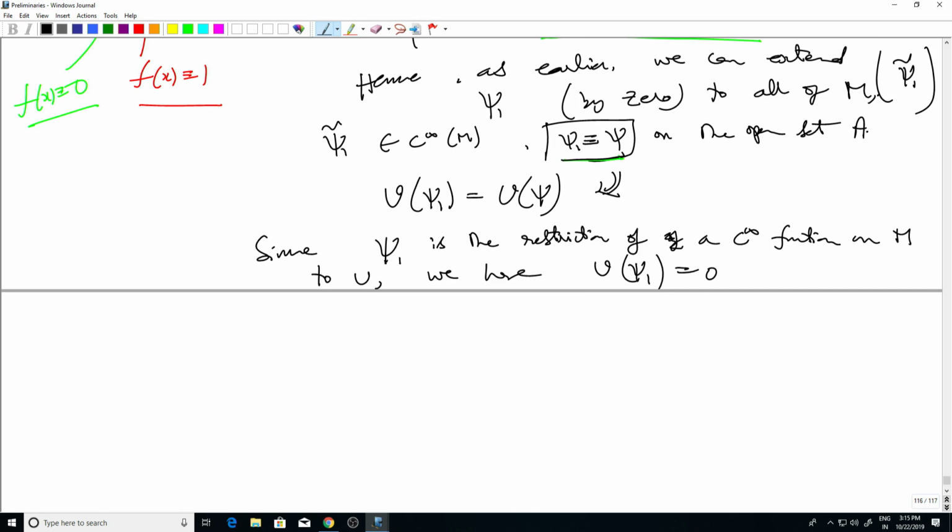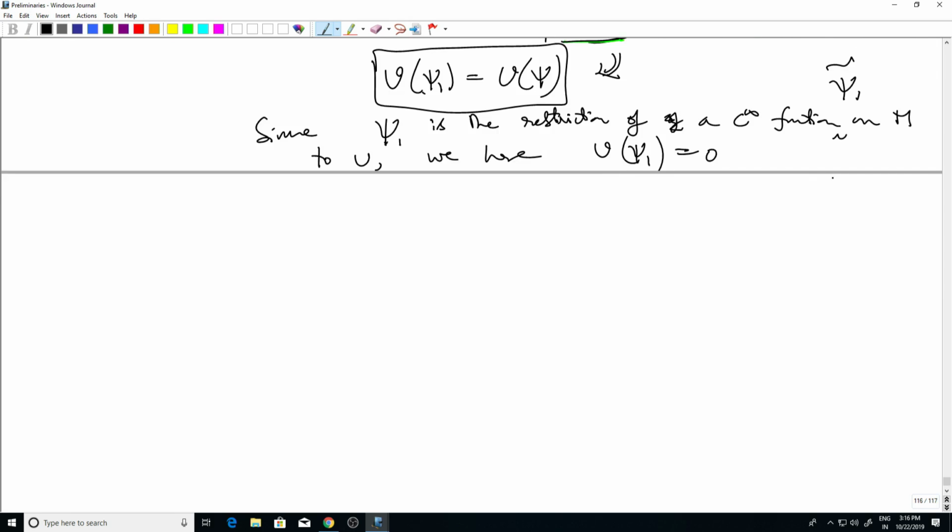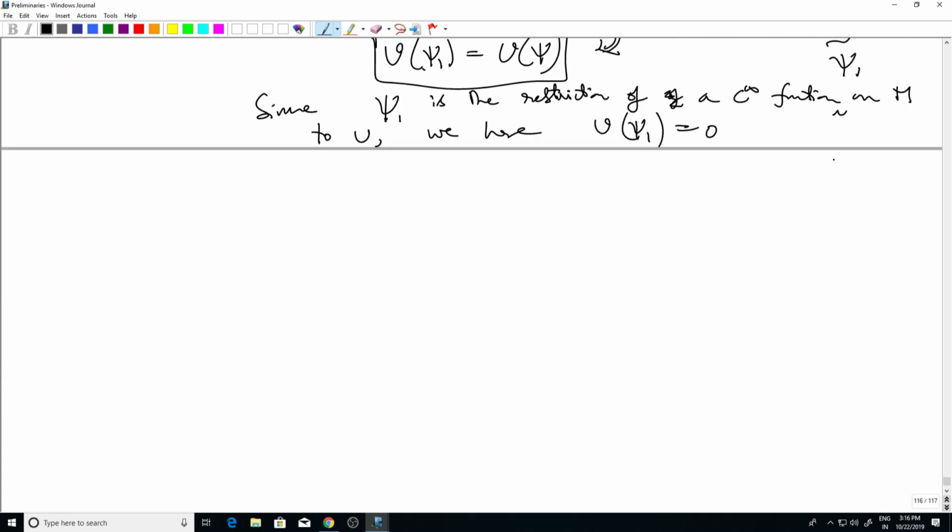To claim that C1 equals C on A, I don't really need the extension to all of M. Just on U is good enough. But in the last part, I noticed that C1 is the restriction of a C infinity function, what I called C1 tilde on M, so we have V of C1 is 0. And that's it. So that proves injectivity.